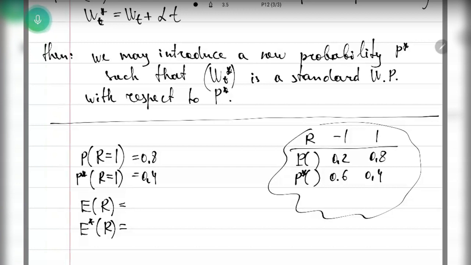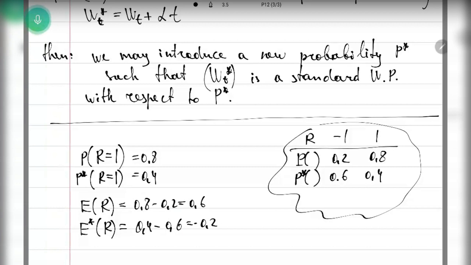And all probability characteristics have two versions now. The ordinary, non-starred expected value is 0.8 minus 0.2, that will be positive, 0.6. The expected value star is 0.4 minus 0.6, which is minus 0.2.